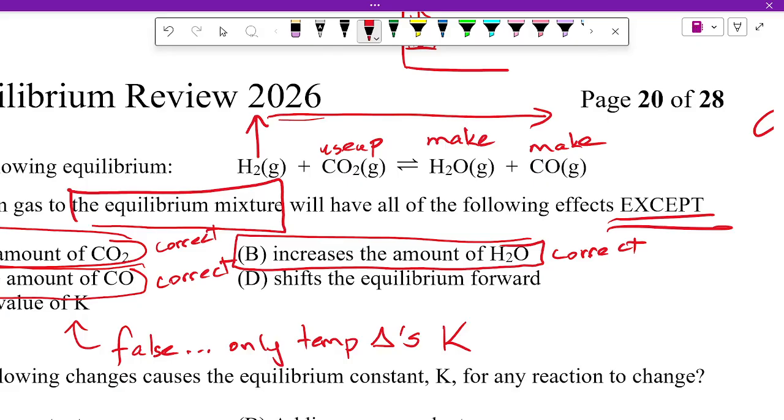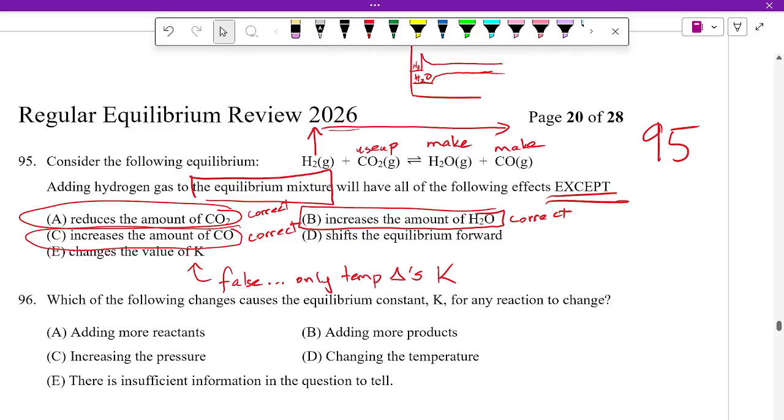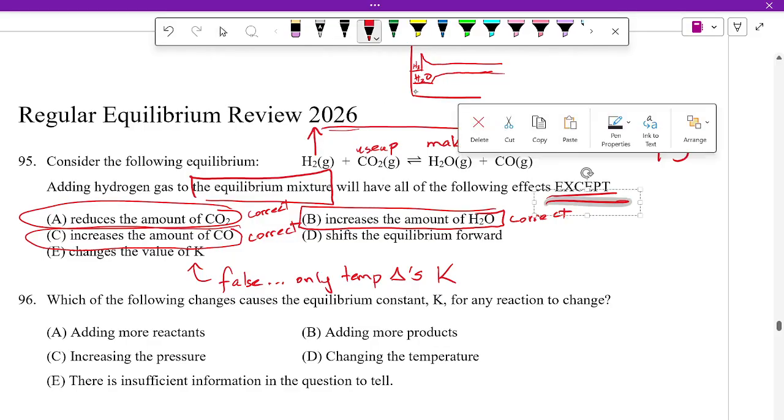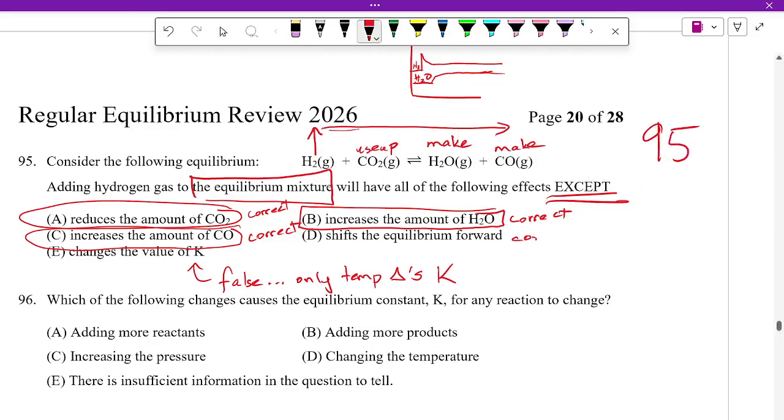Yep. Cool. And then it shifts the equilibrium forward. Well, yes, we just said that, so that is also correct. So our answer, except, is this one.